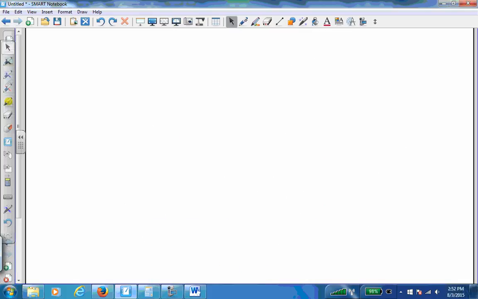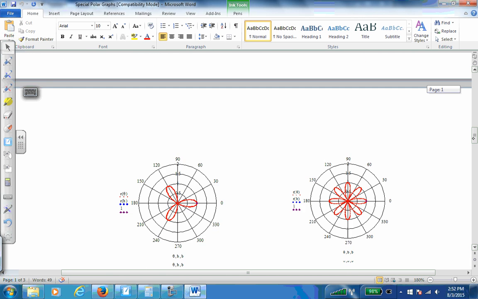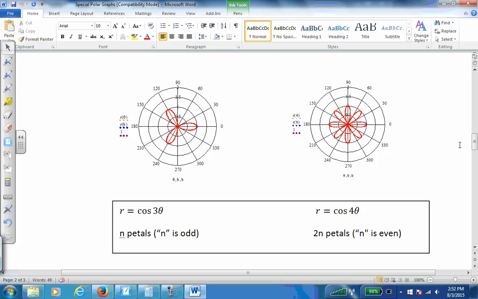The other thing that's kind of a standard picture is when we have sine or cosine with a number times theta. That's also going to be on this handout, so we'll do a quick overview. The cosine ones are not so bad because all of these are going to be what are called roses. If the coefficient of theta is odd, that's going to tell us how many petals there are.